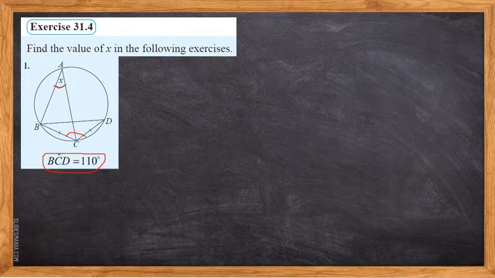Then, according to the theorem that we learned just now, BC is a chord of this circle.